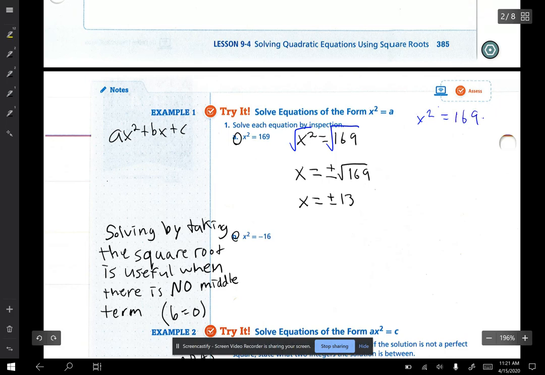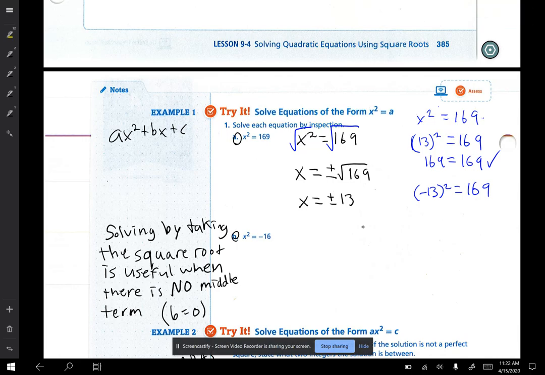So let's try out both of our answers. What happens when we do 13 squared? And we're going to try our other answer, negative 13 squared. We try both of these in the calculator. 13 times 13, 13 squared, is 169. That checks out. Okay, cool. In our calculator, you do negative 13 times negative 13.